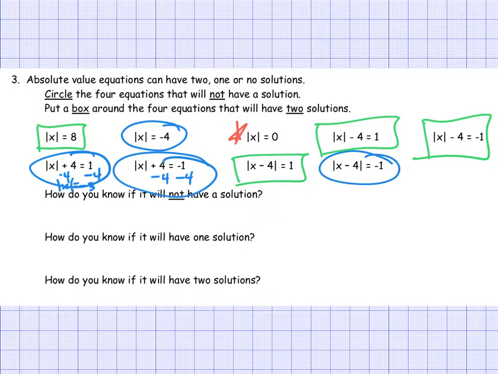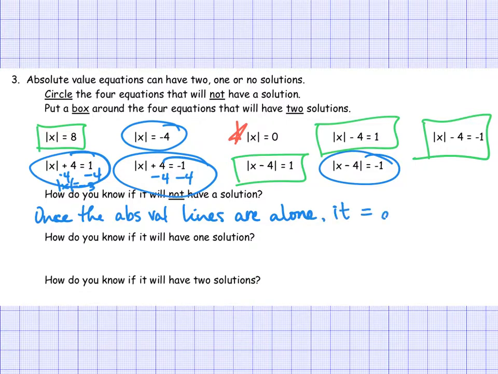So I know it doesn't have a solution if once the absolute value lines are alone, it equals a negative. It's really sloppy.